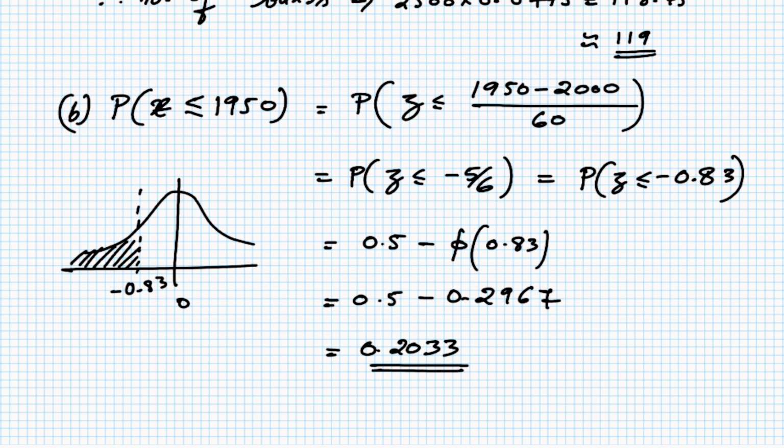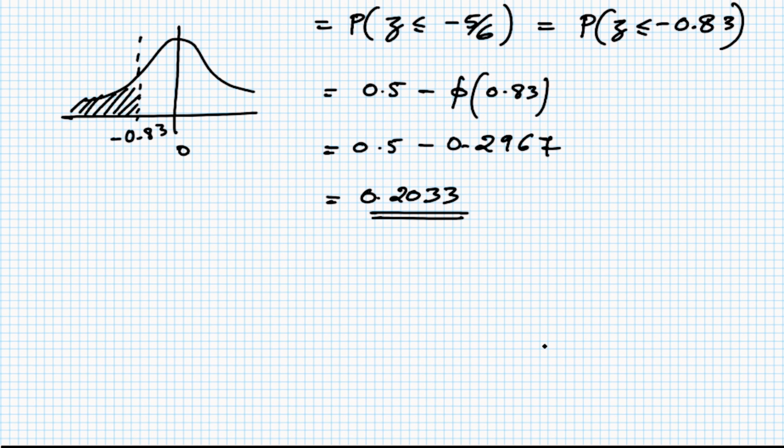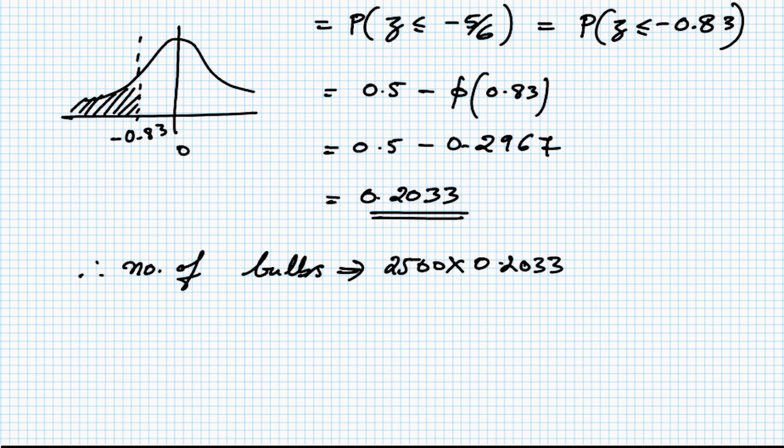Right, so that's the probability that a bulb lasts lesser than 1950 hours. But I want the total number of bulbs out of 2500. So therefore, I can write the number of bulbs will be 2500 into 0.2033.